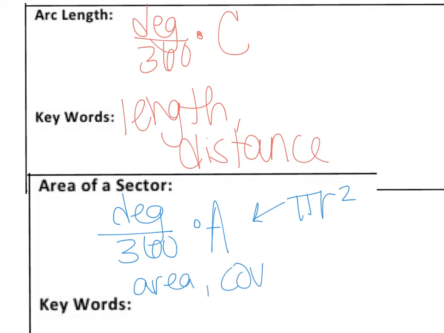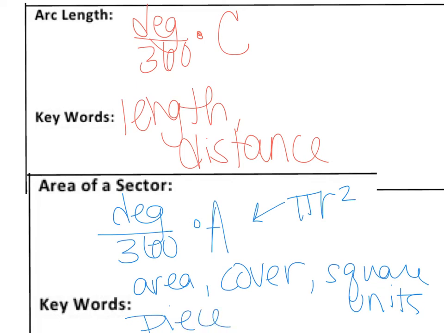If you are covering something that is circular, anything with square units, and this would be one piece of pizza, one piece of pie, one piece of something that is circular. Let's practice a few of these.